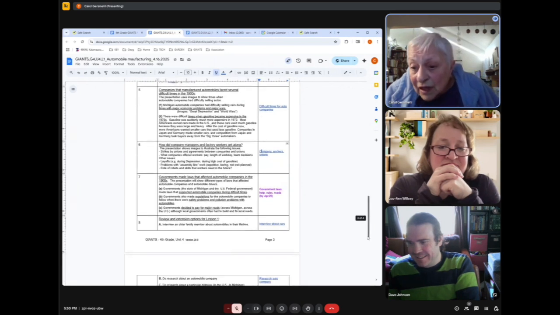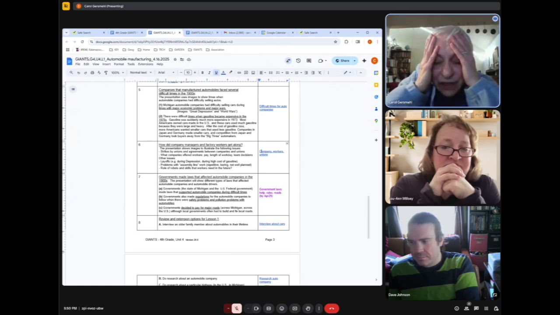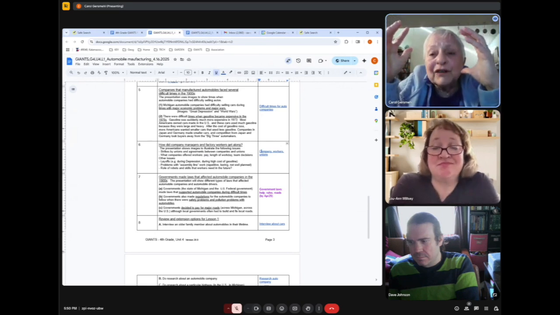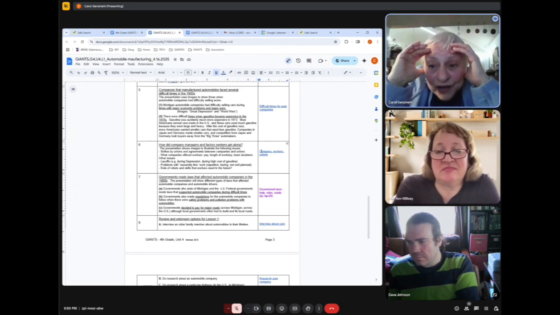Something that I still need to do is, it is just fascinating. There are so many laws that the government has made that involve cars.